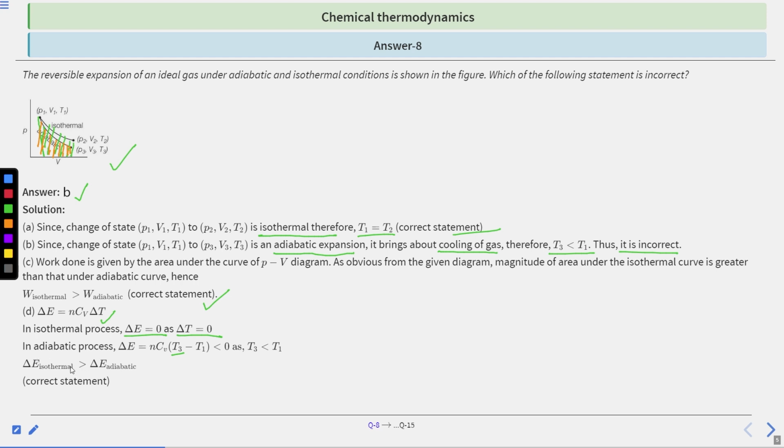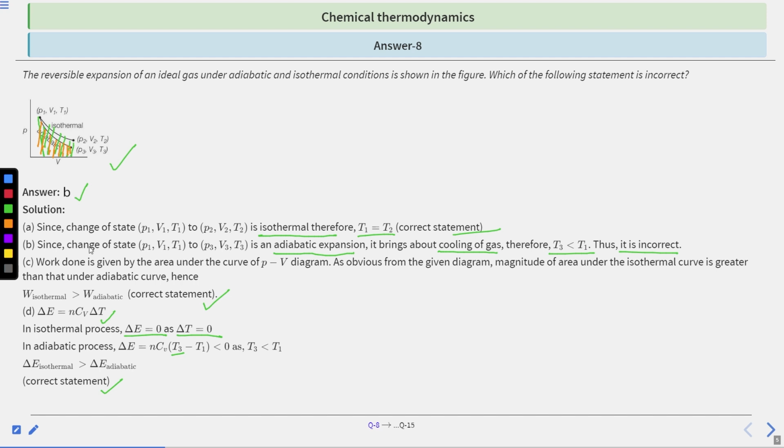So del E of the isothermal process will be greater than del E of the adiabatic process, because 0 is greater than a negative value. Hence, option D is a correct statement.